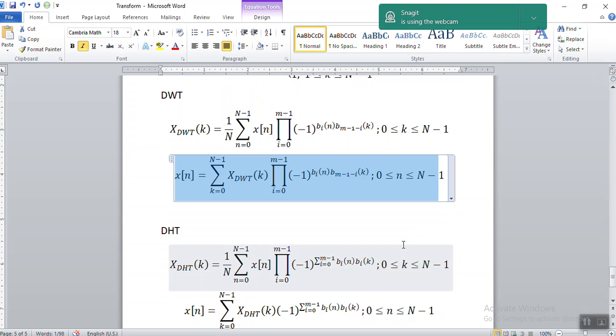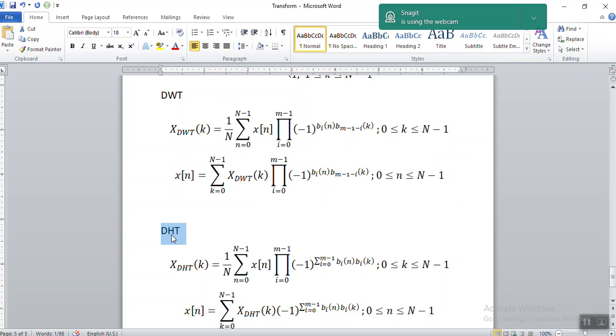Similarly, there is another transform called the Hadamard transform, discrete Hadamard transform, DHT.